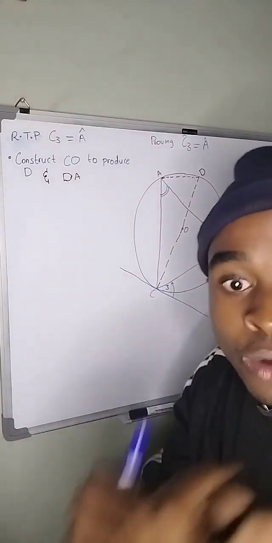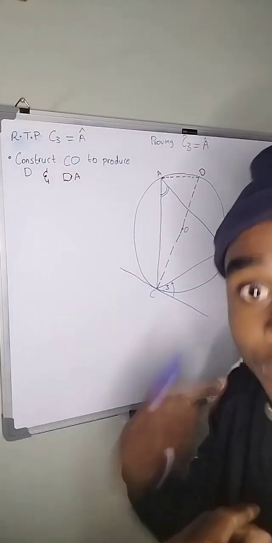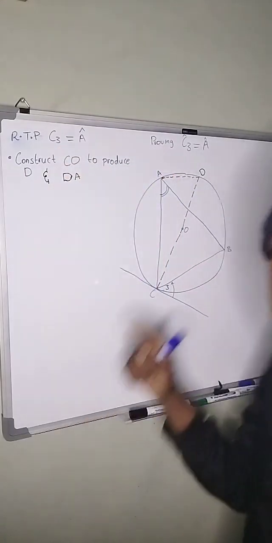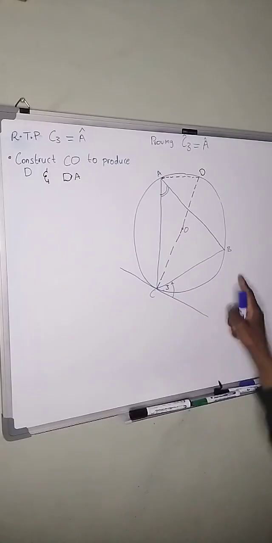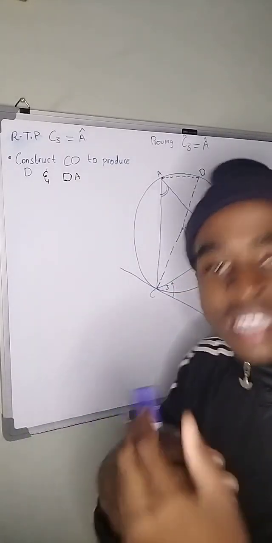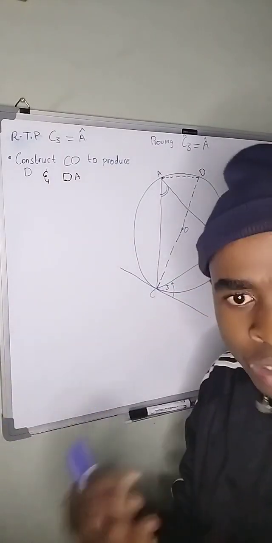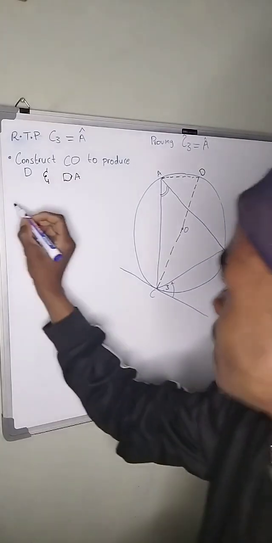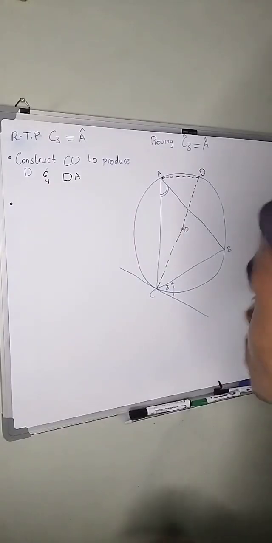That's why on the question paper they specify to prove that C3 is equal to A. But the moment you join DB, everything is going to be incorrect. Do you get what I'm trying to say here? So now let's start with the first statement.